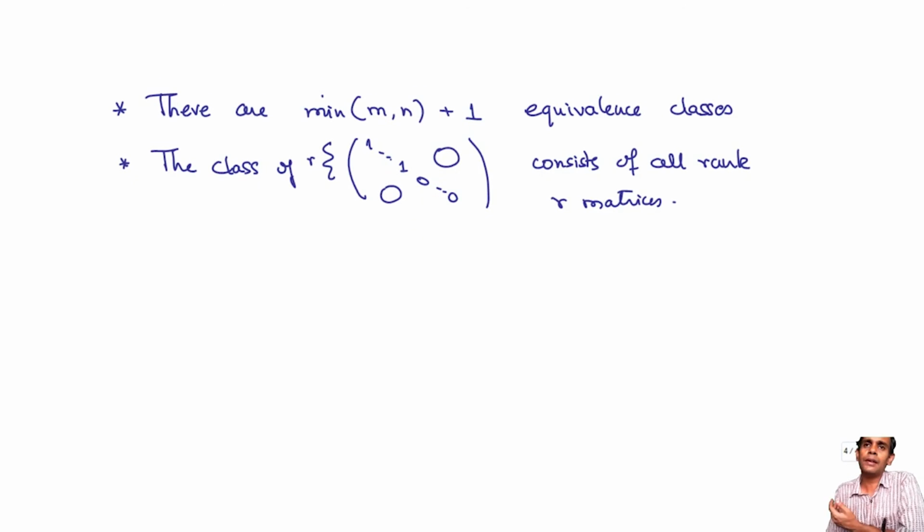Because if you left multiply or right multiply a matrix by a non-singular matrix, then you will not be changing the dimension of its column space, and so you will get a matrix of the same rank. So if your original matrix had some rank, but then you reduce it to this canonical form with rank r, then the original matrix must have had the same rank r.